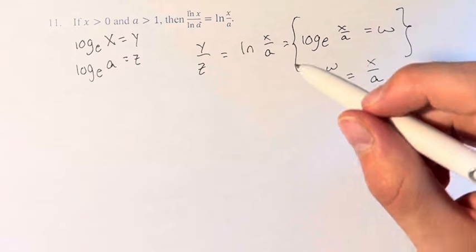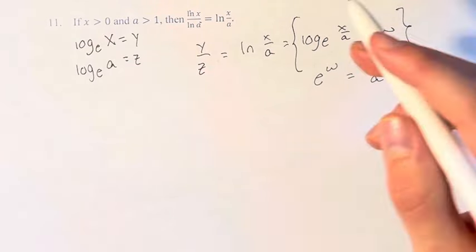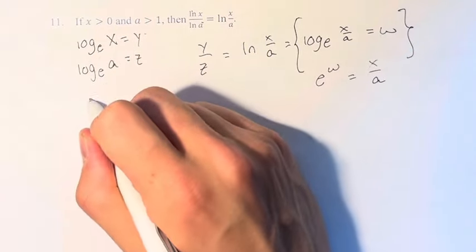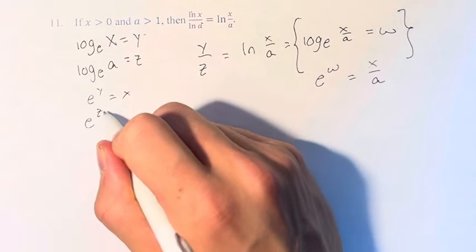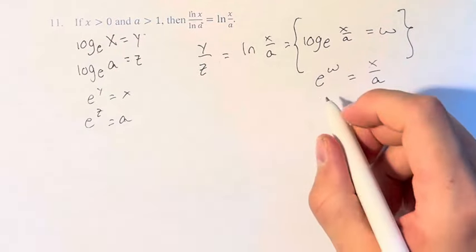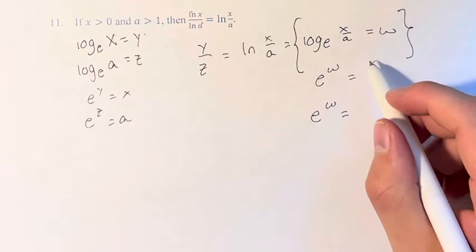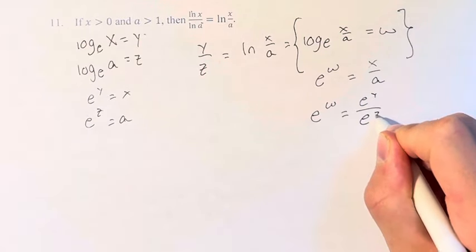Well, we know that x is equal to e to the y. How do we know that? Because we can rearrange this logarithm to get e to the y equals x, and also e to the z equals a. So e to the w is equal to x over a, which is e to the y over e to the z.